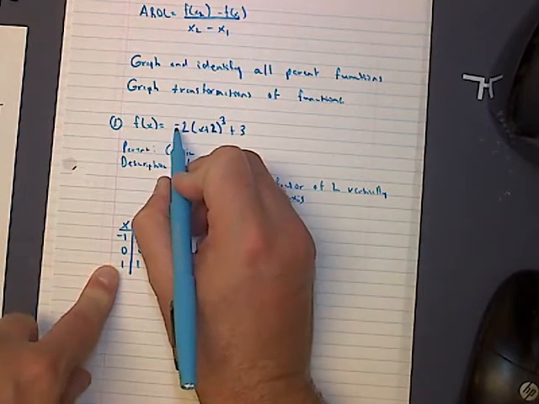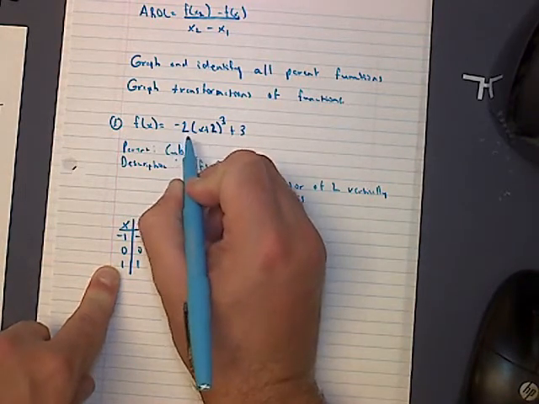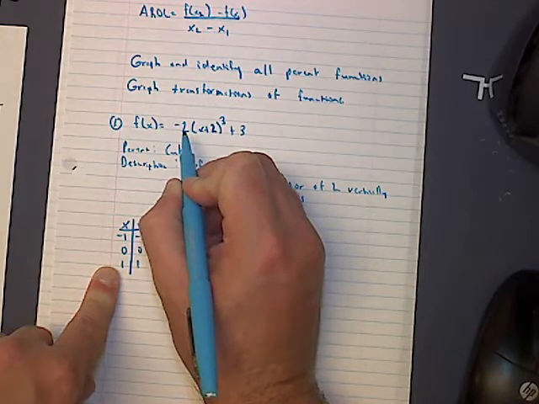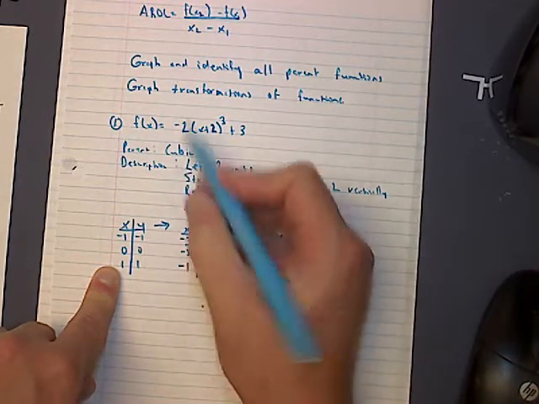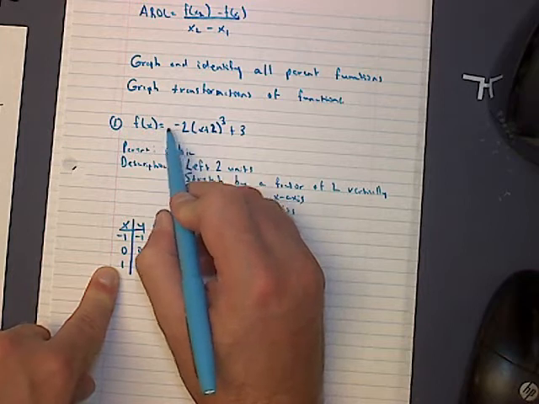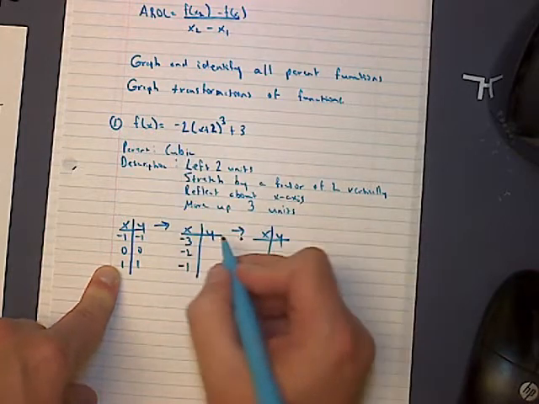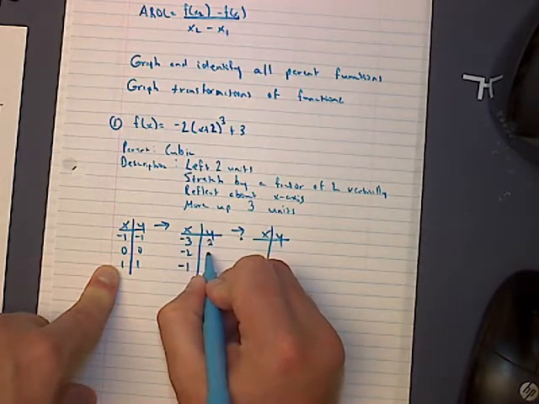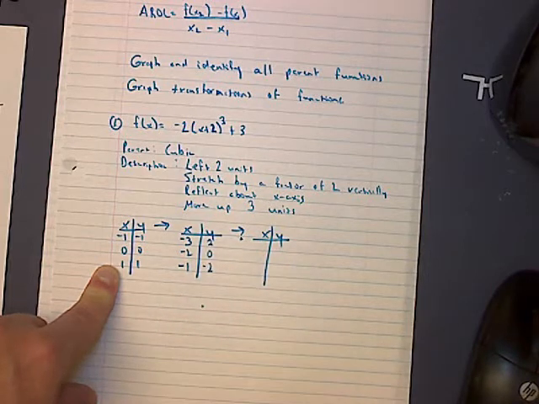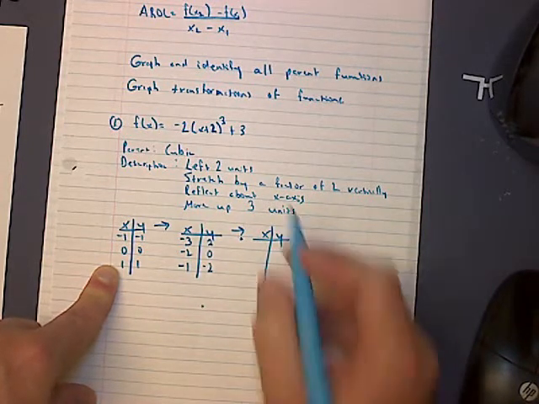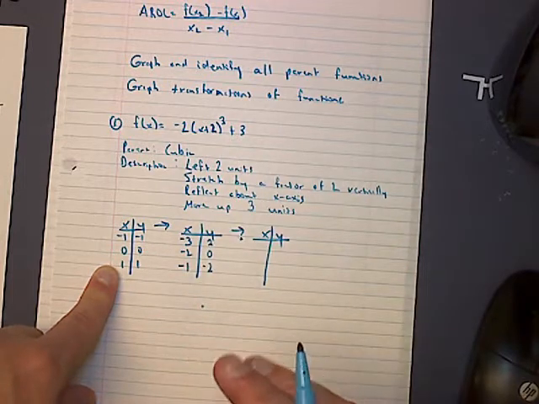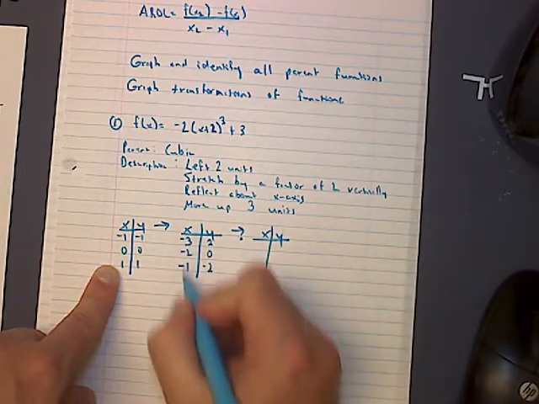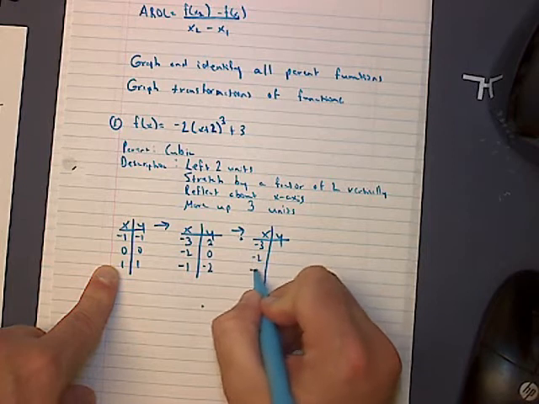Now, this negative does mean reflect, but I'm going to multiply. Since this is stretched by a factor of 2 vertically, I will multiply my y values by this. I'm going to take care of the reflection and stretching by multiplying the y values by -2. This +3 means I'm going to move the function up 3 units. So that deals with my y. I'm going to leave my x's alone.